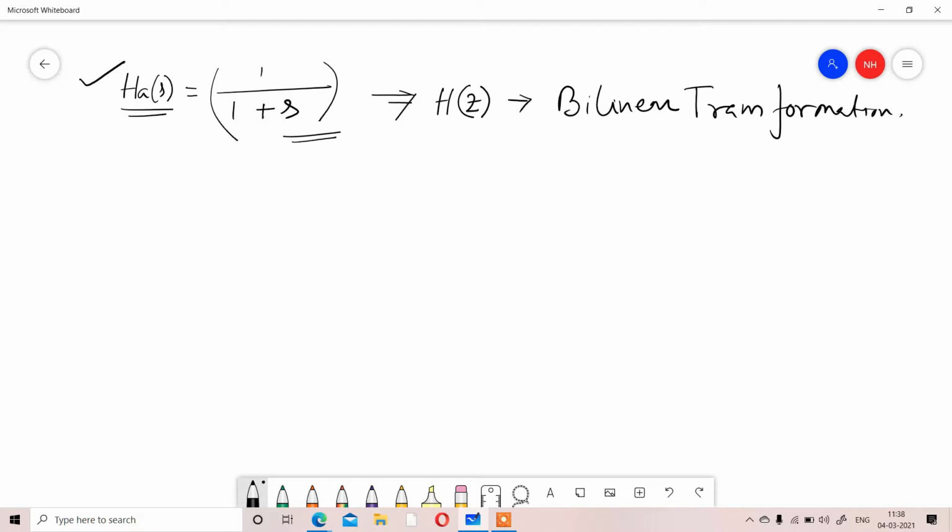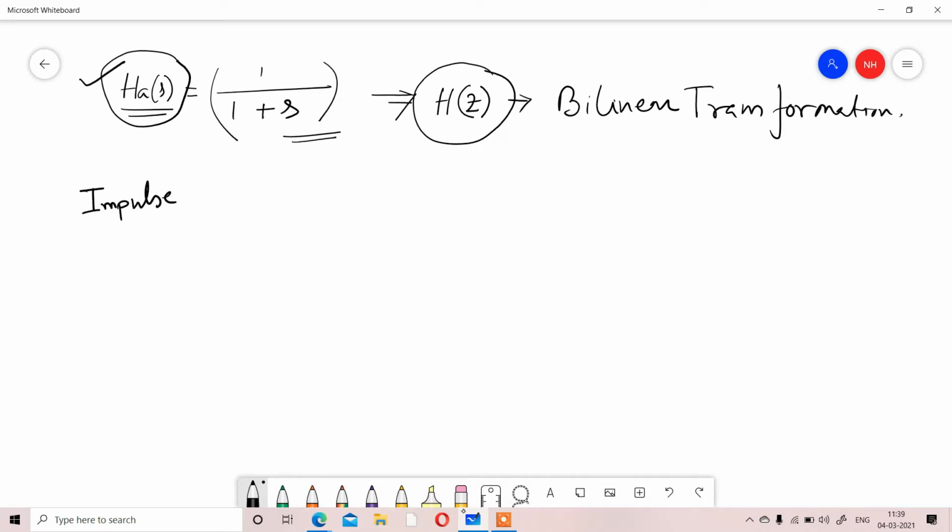Now today we'll check the same thing, means we will have an analog transfer function. We have to represent that analog transfer function in the digital mode, but you have to use the impulse invariance method.